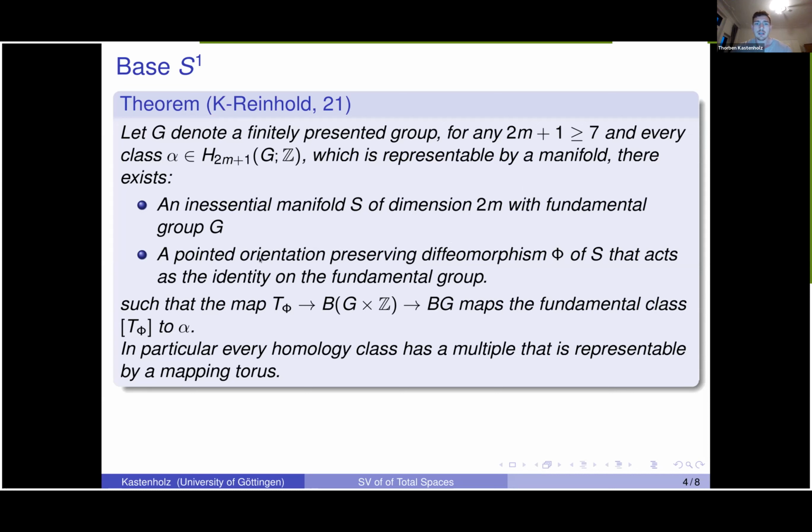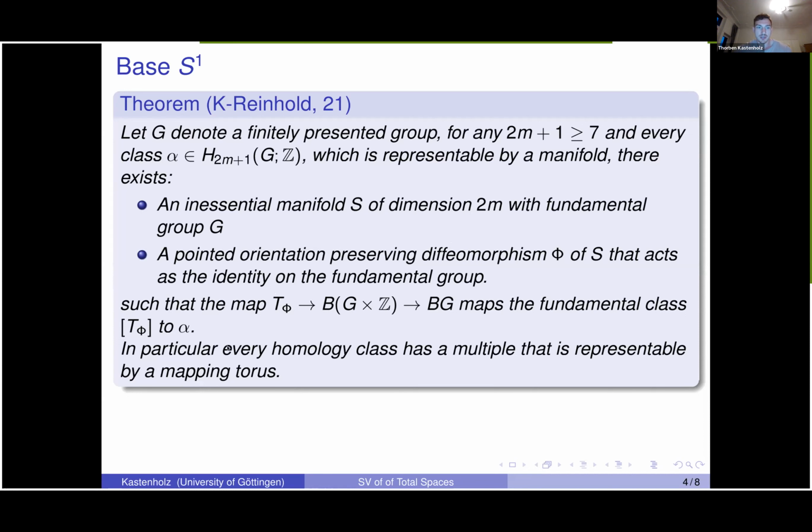And such that the map from the mapping torus T phi, which is of course nothing but a space that fibers over S1, to BG times Z, which projects to BG, maps the fundamental class of this mapping torus to alpha.